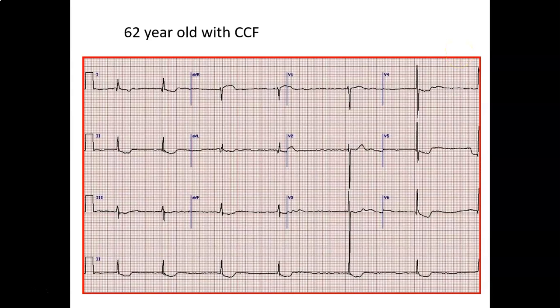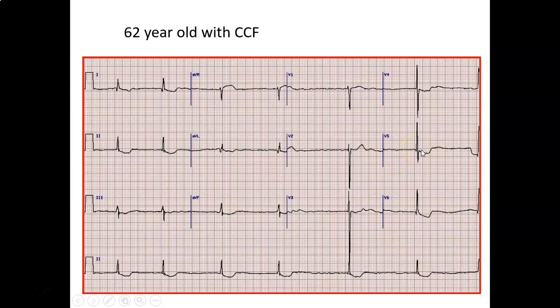This is a 62-year-old male with congestive cardiac failure. So in this ECG, if you notice, let's focus on the ST segments. There is ST segment depression and T wave inversion in I, II, aVL, especially V4, V5, and V6, and there's a characteristic shape.